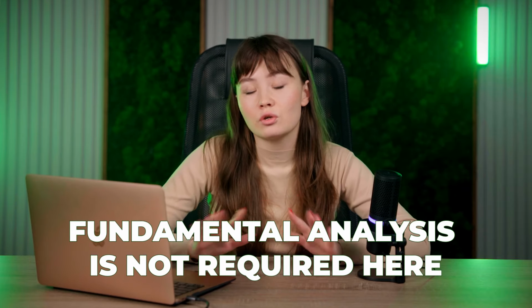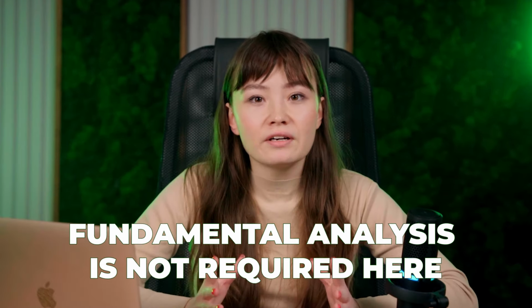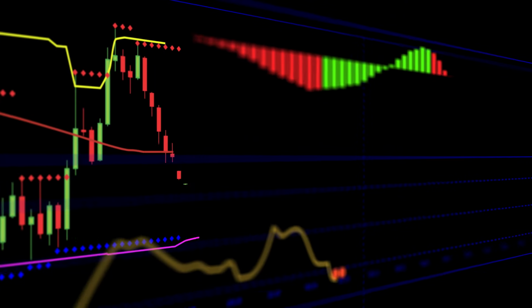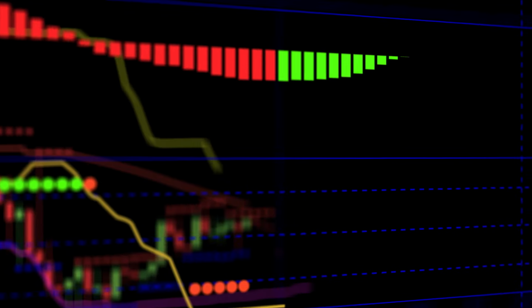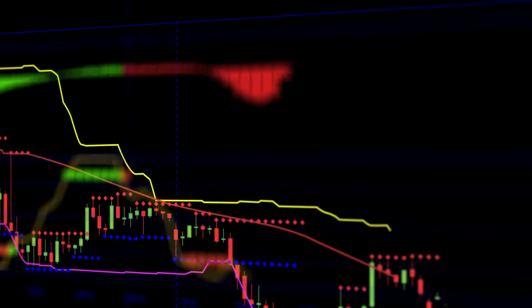Another significant advantage is that fundamental analysis is not required. It's very straightforward because you just need to work according to a template. Throughout the day, a scalper can receive signals from just a couple of tools. Usually, these are some indicators, levels, and candlestick patterns.